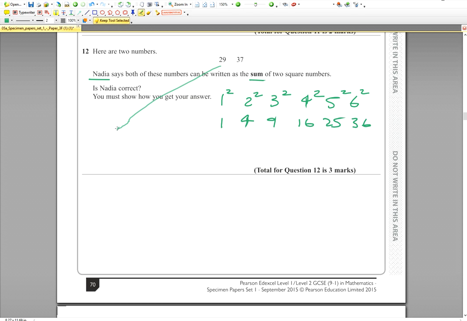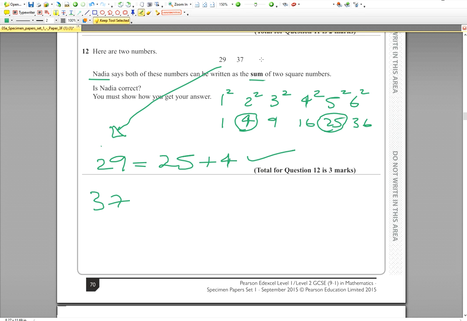So if you look at number 29, it is equal to 25 add 4. That's correct. And then we look at number 37. 37 is made up of 36 add 1, which is this one and this one. So that's correct as well.